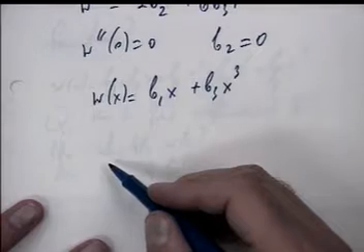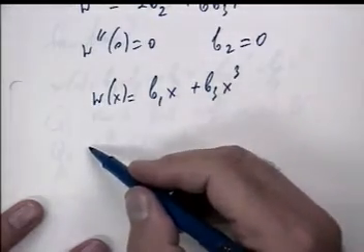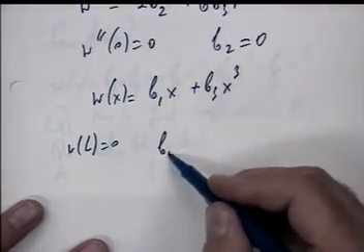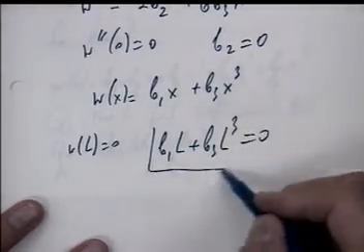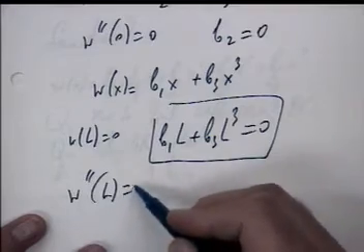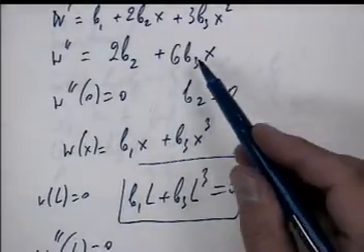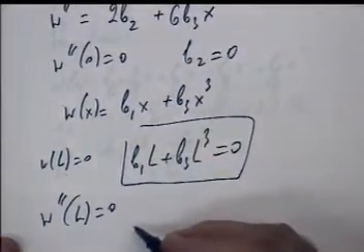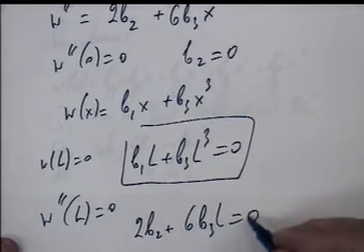Then, w at L equals 0. We get b1L plus b3L cubed equals 0. But then w second derivative at L equals 0. Second derivative is from here, yes? 2b2 plus 6b3L equals 0.